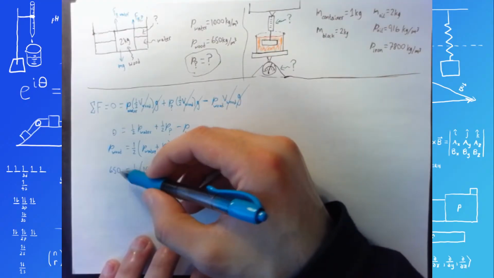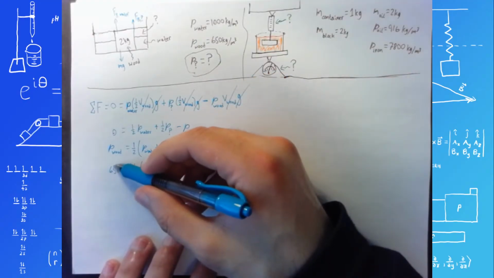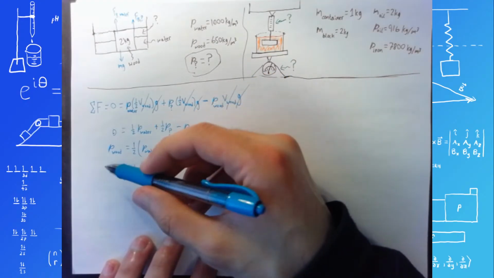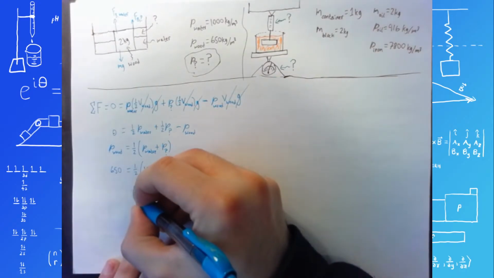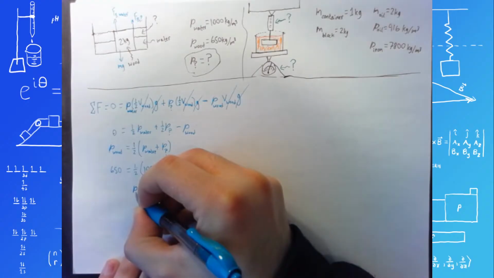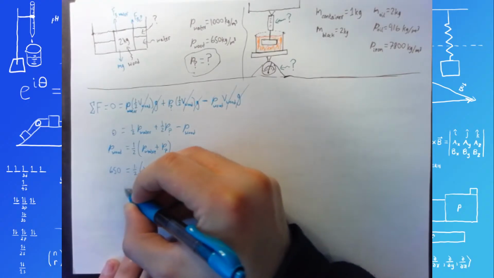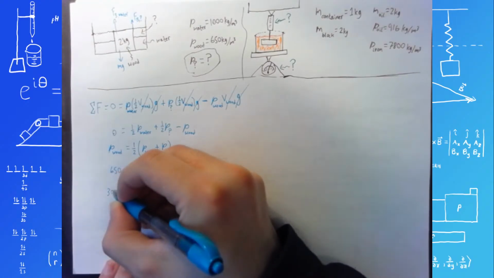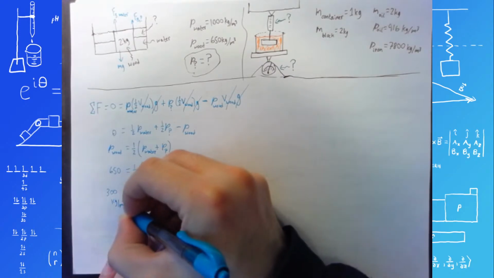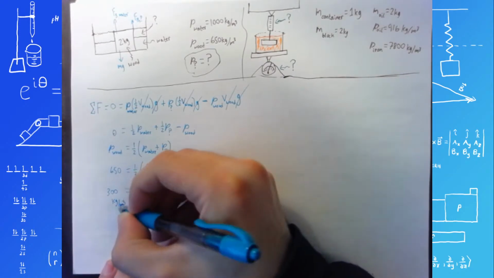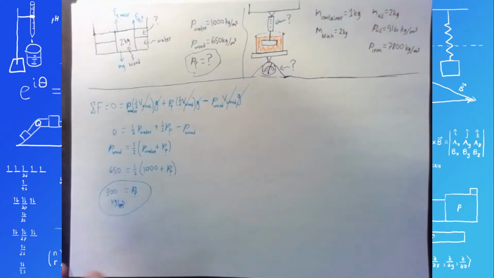Multiply both sides by 2 to get rid of the 1/2. 2 times 650 is 1,300, and then 1,300 minus 1,000. The density of the mystery fluid must be equal to 300 kilograms per cubic meter. Not too terrible.